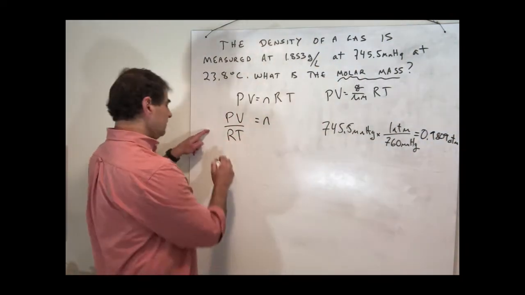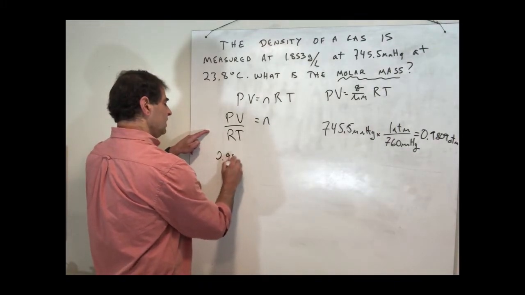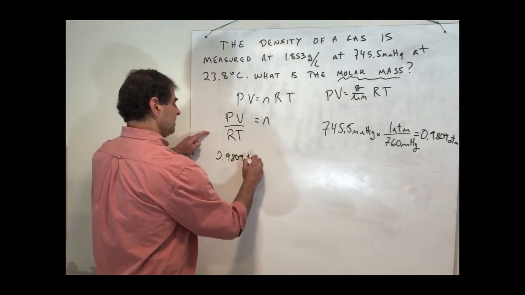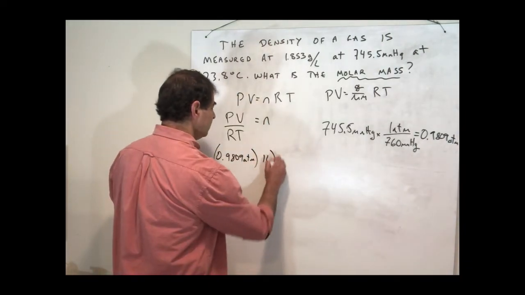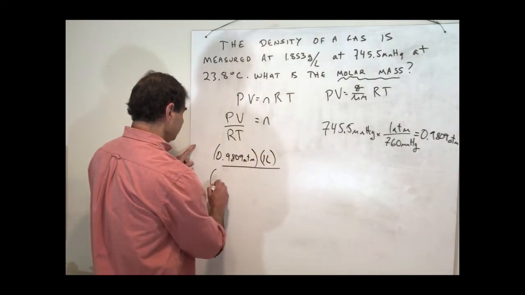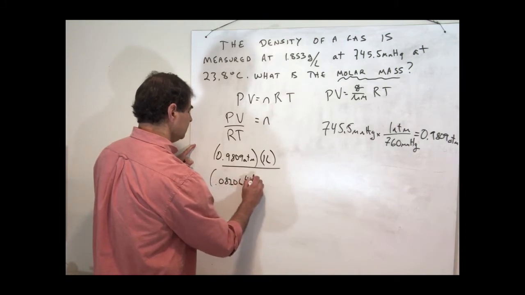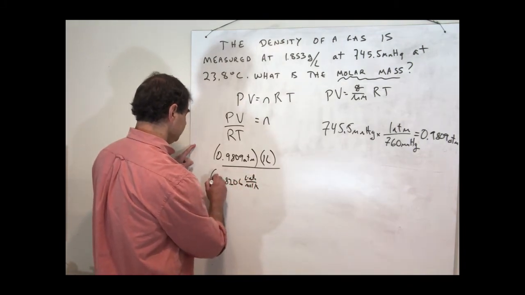I can now plug that in over here, 0.9809 atmospheres, times my volume. I can assume I have 1 liter, over my R, 0.08206 liter atmosphere per mole Kelvin.